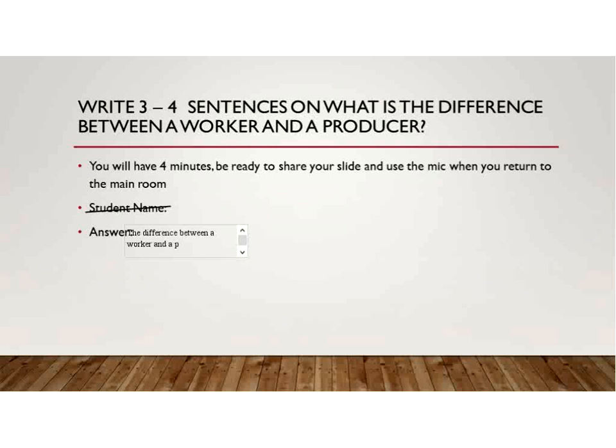Okay, so the difference between a worker and a producer is that a worker makes the goods.